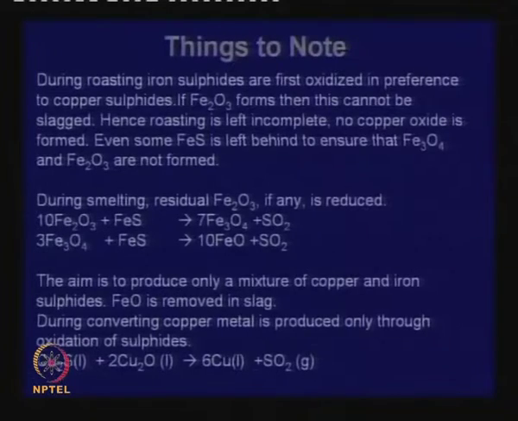Then we went through what happens during copper roasting. The problem during roasting of copper sulfide is that if you try to roast copper sulfide, copper will not form the oxide until iron forms oxide, because affinity of iron towards oxygen is more than affinity of copper towards oxygen.